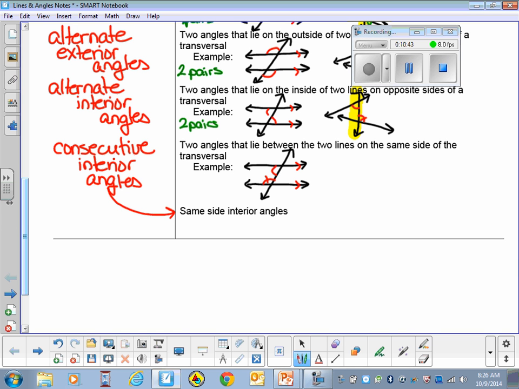But only if you have parallel lines. If you don't have parallel lines, then the relationship's really unknown without some information.